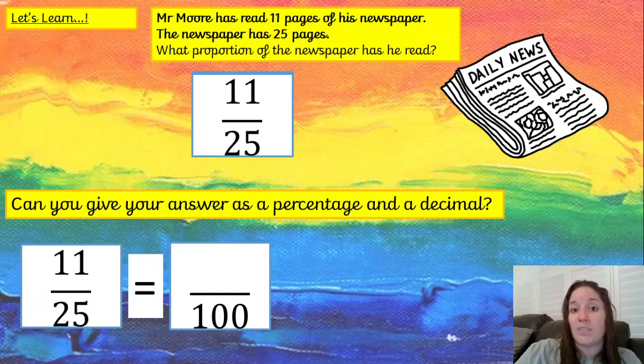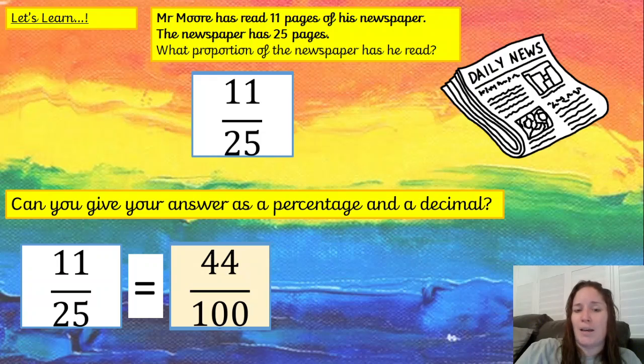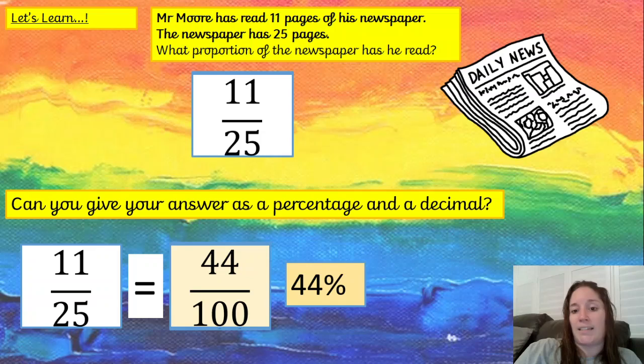So if we've times the denominator by 4, we need to do the same with the numerator. 11 times 4 is 44. So we've got 44 over 100. Can we answer that as a percentage now? Yes, we can. 44 hundredths is the same as 44%. And as a decimal, what's it going to be? 0.44.